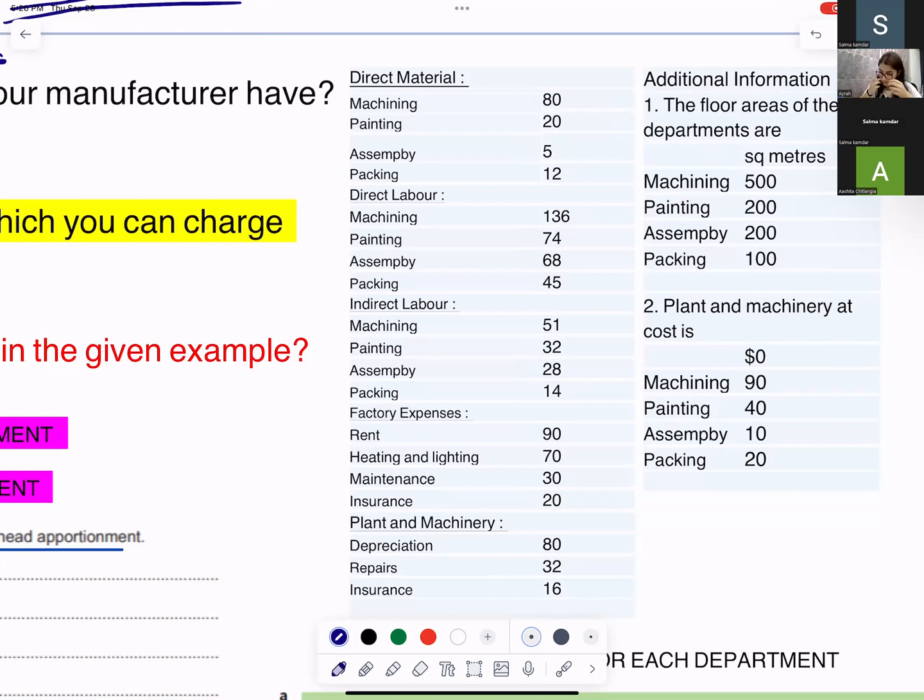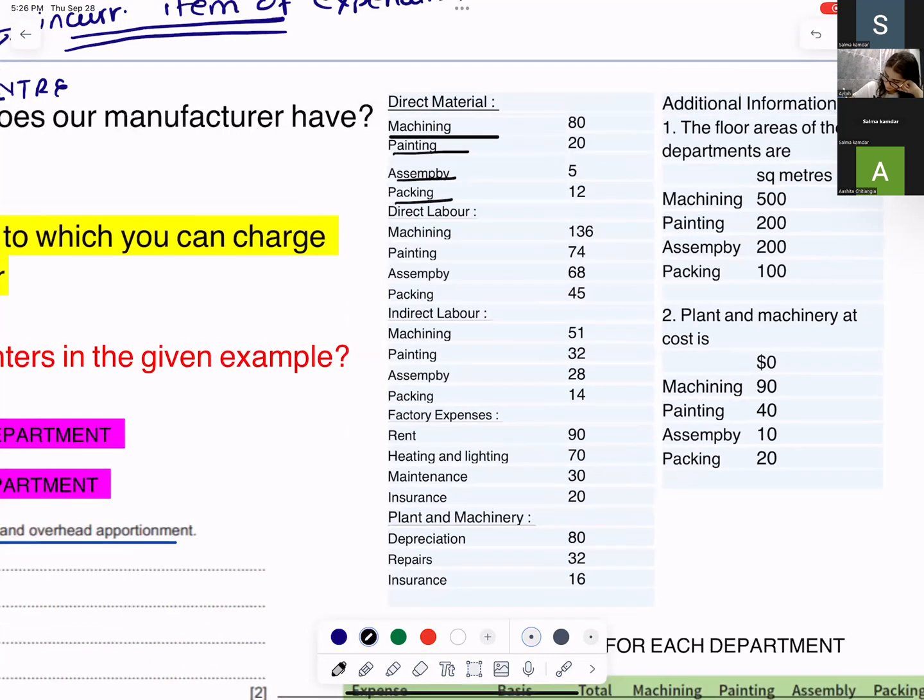Departments. So here, how many departments does it have? Can I say machining is one department? Yeah, machining, painting, assembly, packing is one department. So how many departments does my manufacturer have over here?